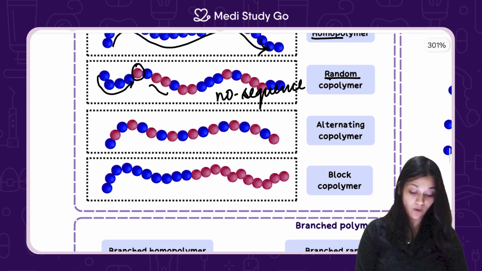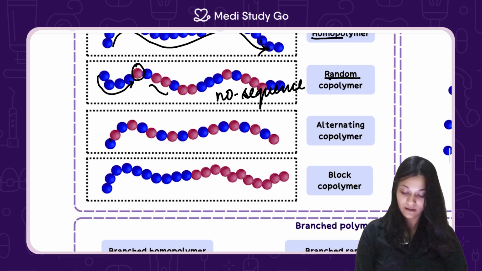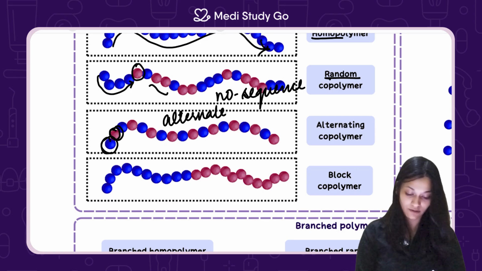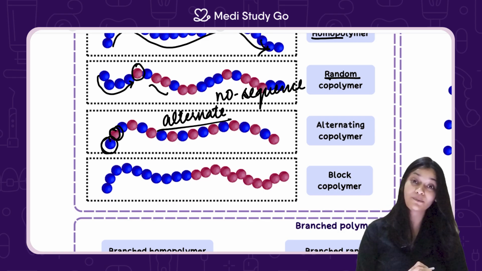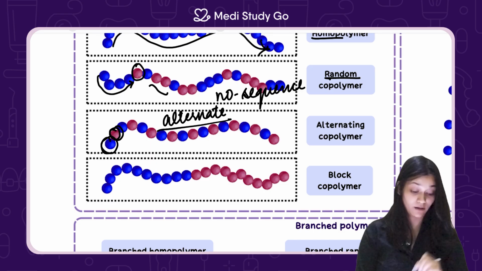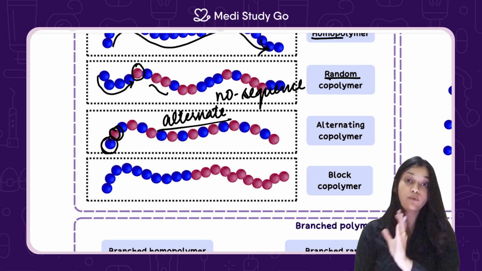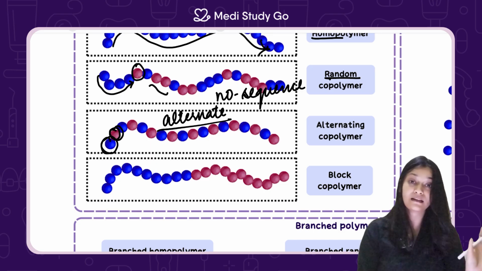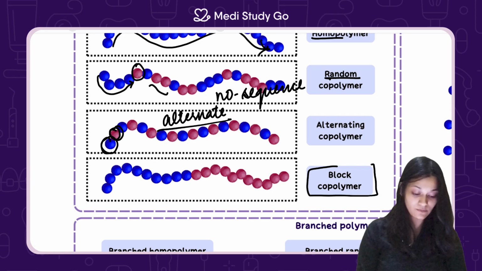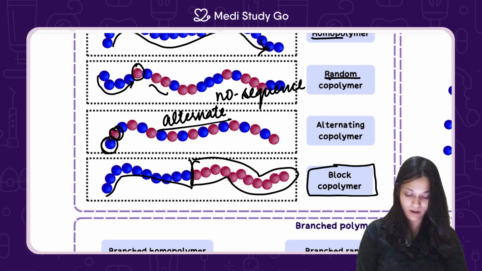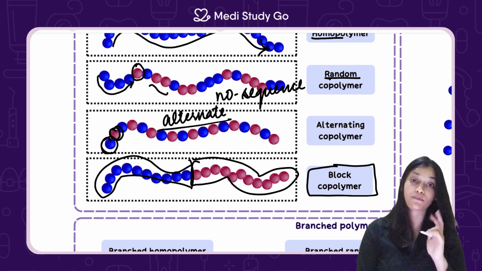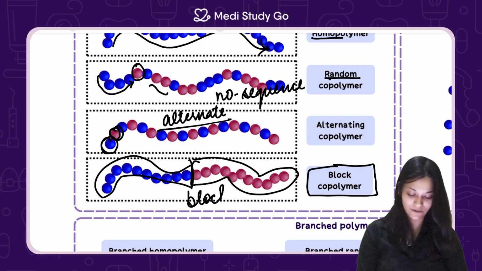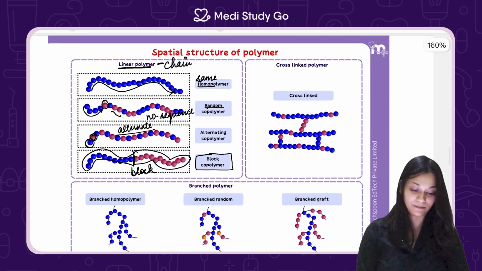Then comes the alternating copolymer: one of one monomer and then another monomer in an alternate fashion. On the other hand, if I have one monomer on one end and the other monomer at the other, this is your block polymer, because there will be one block formed by one monomer and the other block formed by another.